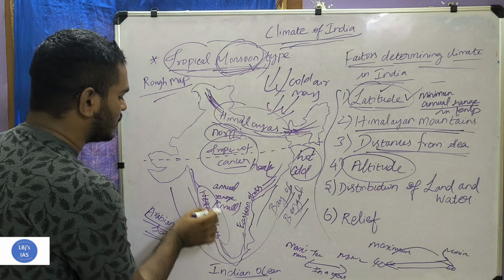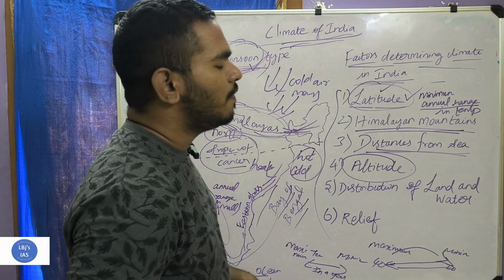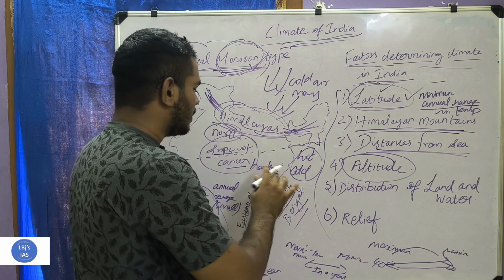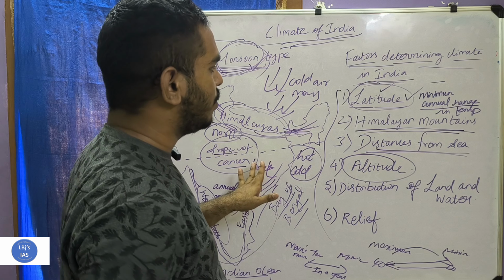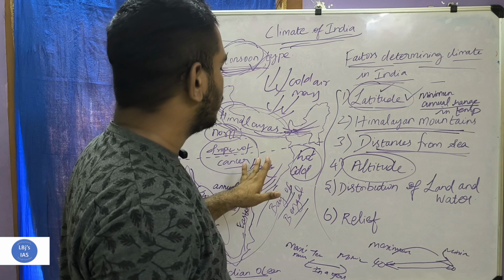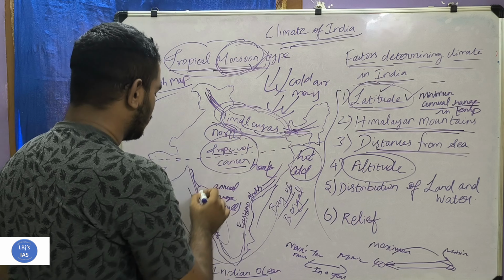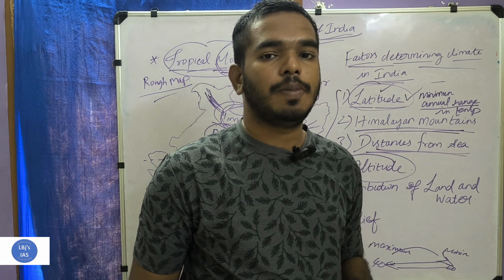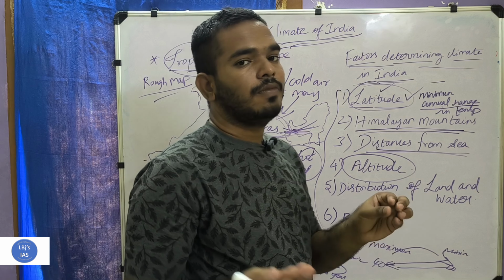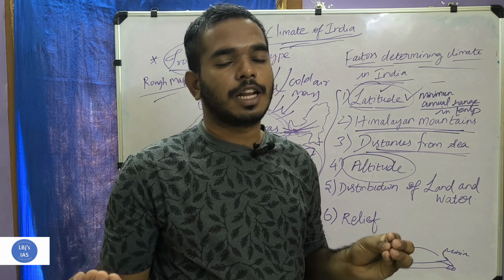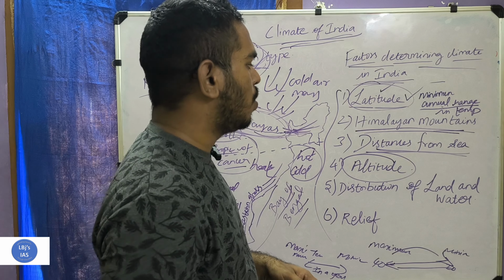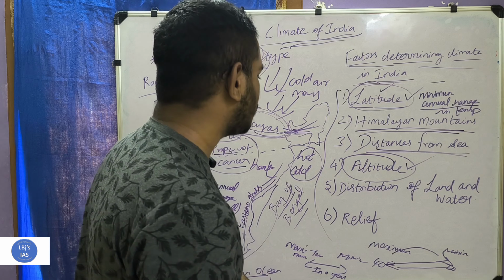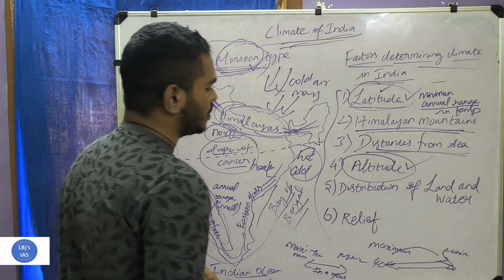The regions at higher altitudes will be very cold, and the regions that lie at a lower altitude will not be so cold. The temperature will be higher at a lower altitude. So the altitude of a place decides the temperature and the climatic condition.